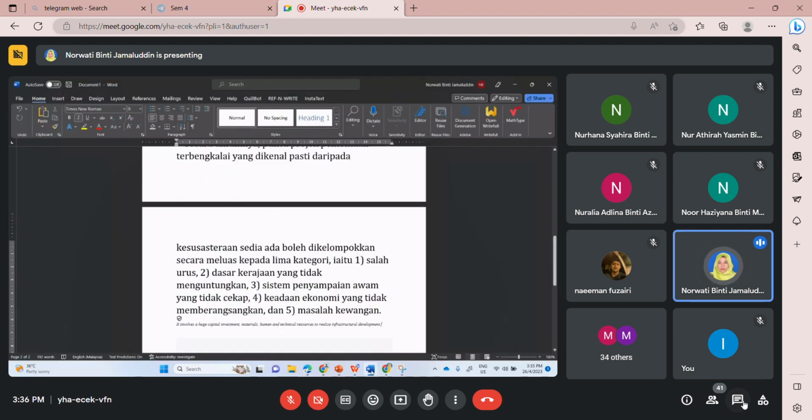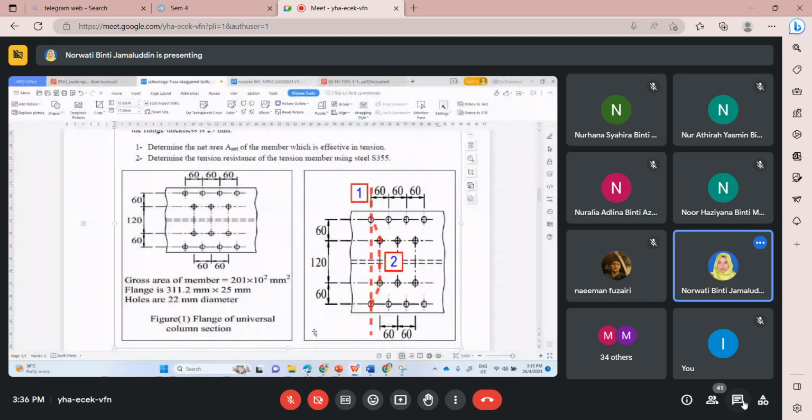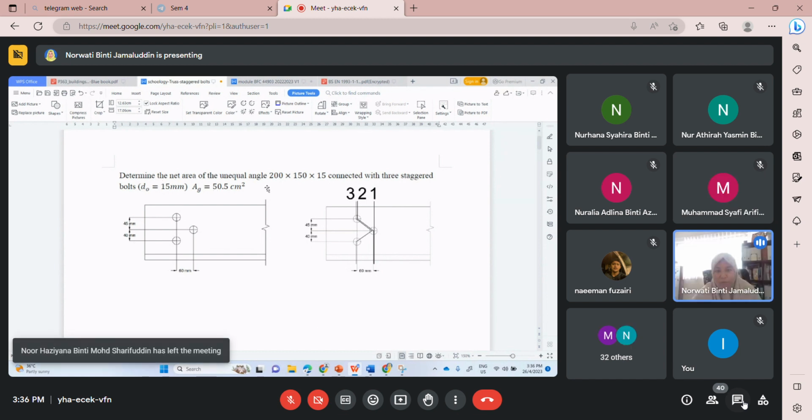Remember that I taught you how to calculate A net based on staggered holes. Last time we used quite a simple example. Now, let's say we determine the A net from this unequal angle.